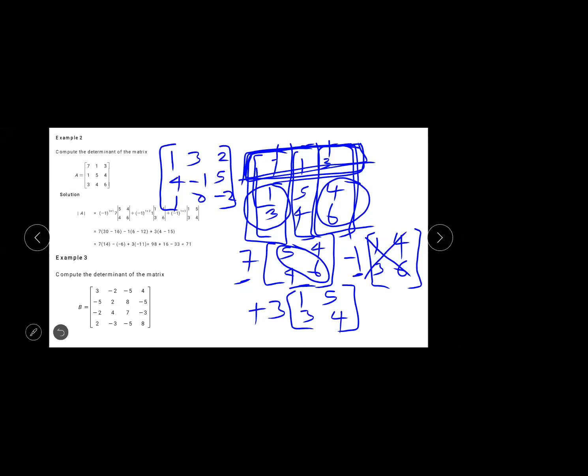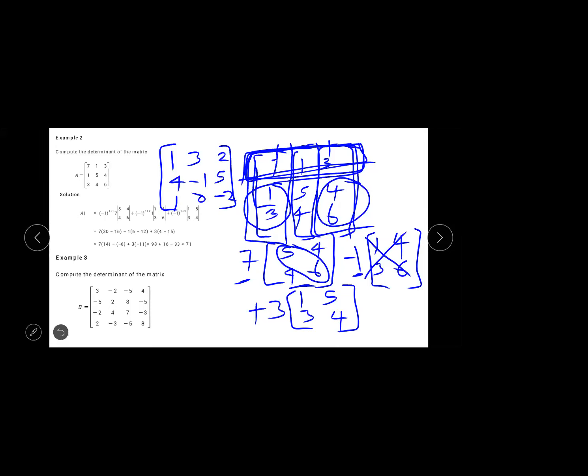Cover its row and cover its column. What do you have left? Write out whatever you have left. Then go to the third one, which is 2, and the sign on top of it is plus, so it is plus 2. Cover its row and its column.